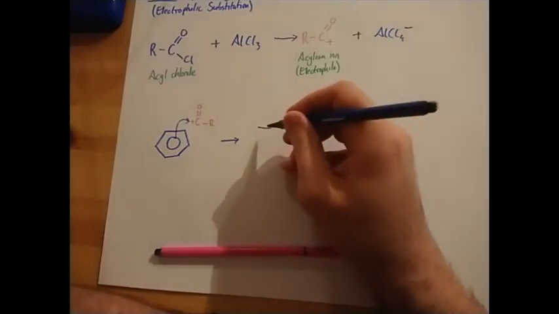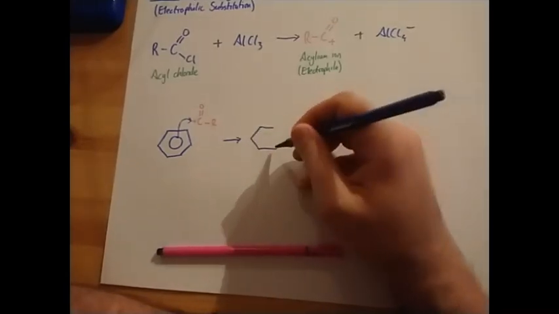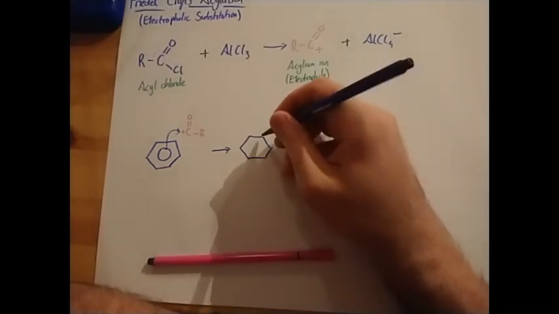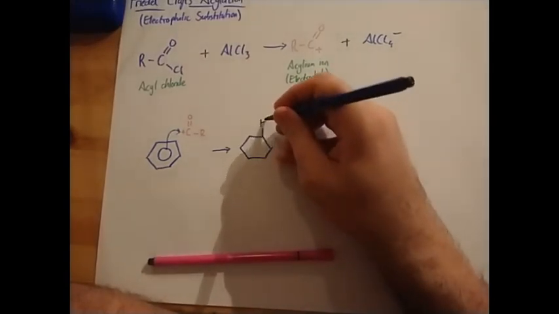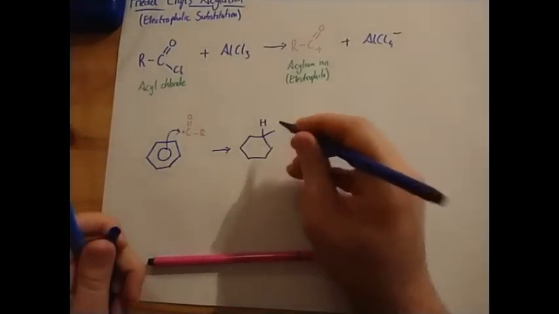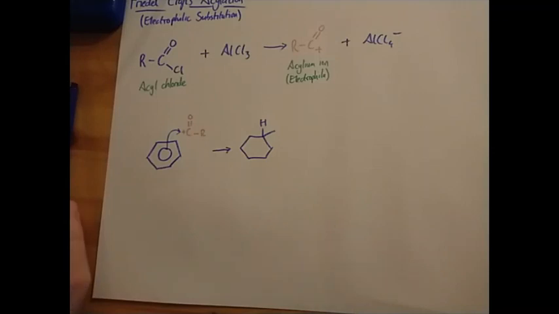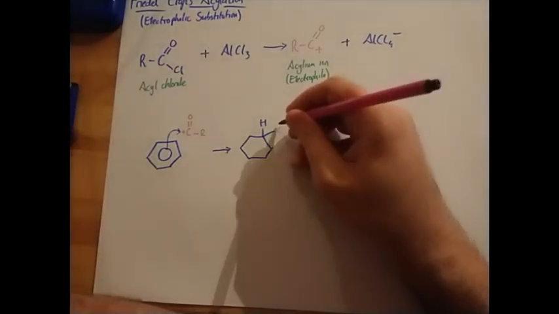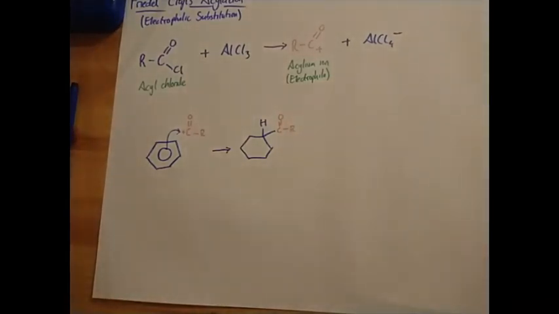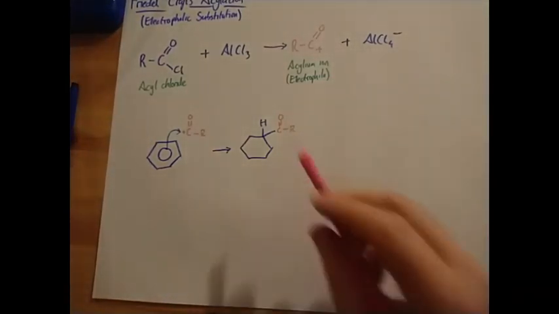This is going to make our intermediate, and we're going to play around with this carbon up here. So remember, that carbon's already got an H on it, which we're now going to draw because it gets involved. And we've got this acyl group coming off the edge.